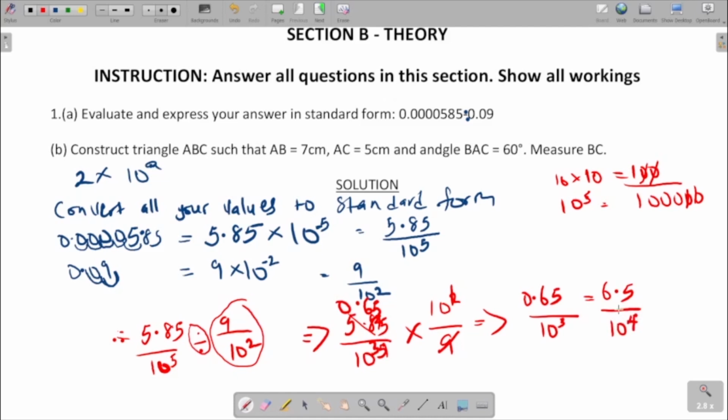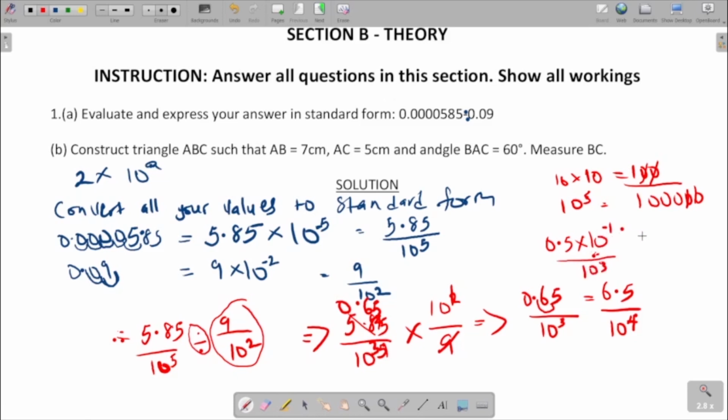So how do you get this one to this place? Because the moment we move this dot here, we'll be adding 1 to this one. Because we now have 6.5 times 10 raised to power minus 1 over 10 raised to power 3.